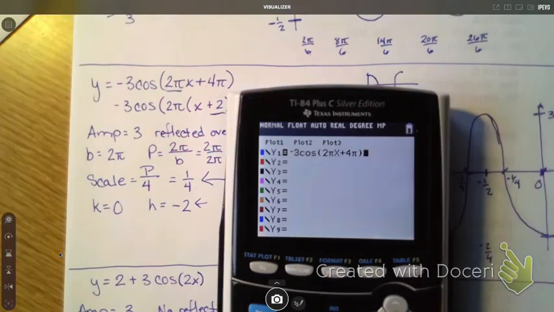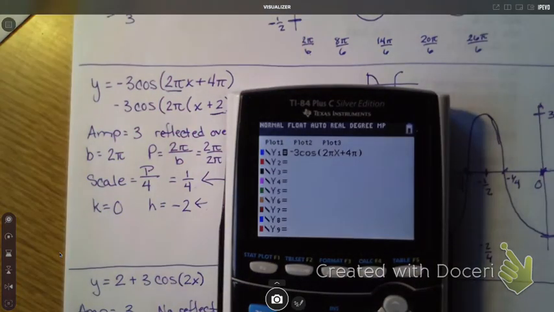What couldn't you find, Callie? I can't find the X. It's right next to alpha.